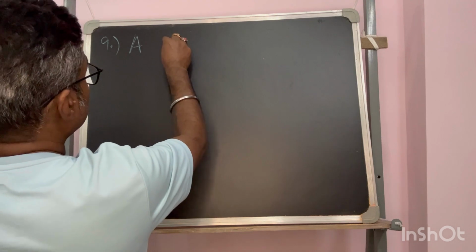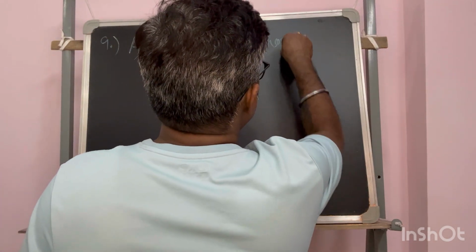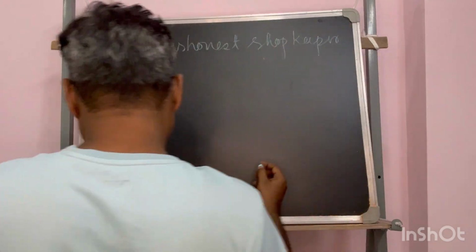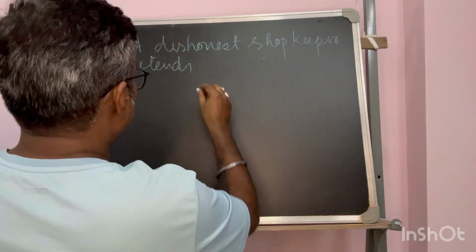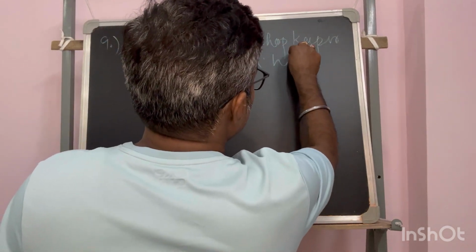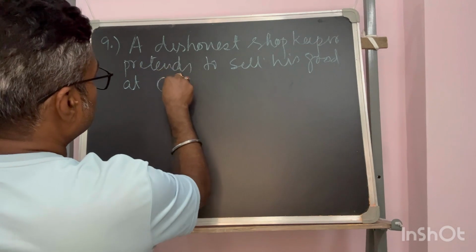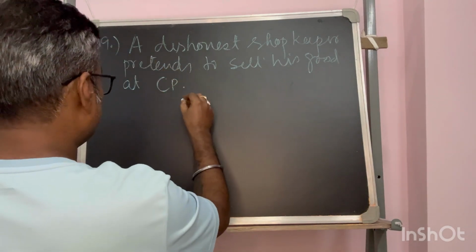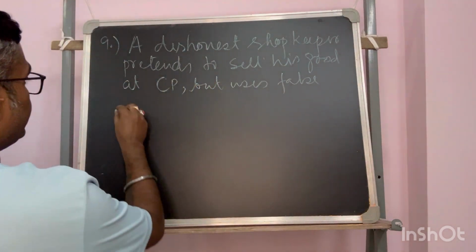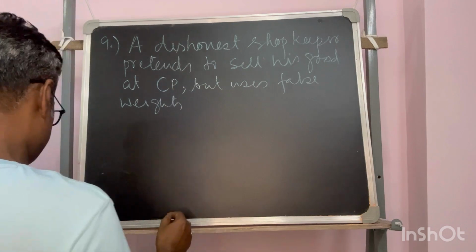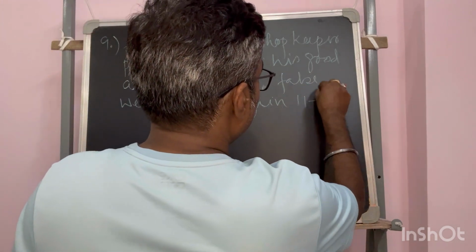A dishonest shopkeeper pretends to sell his goods at cost price, at CP. I am writing, just read it as cost price, but uses false weights and gains 1/9 percentage.